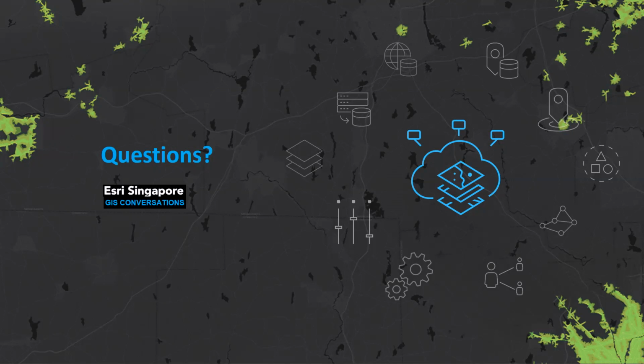So if you would like to enable location or geotagging data collection, the appropriate application to make use of is Collector for ArcGIS, since you can basically see wherever you are on the map.